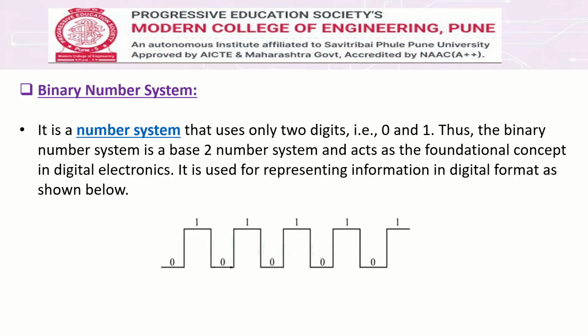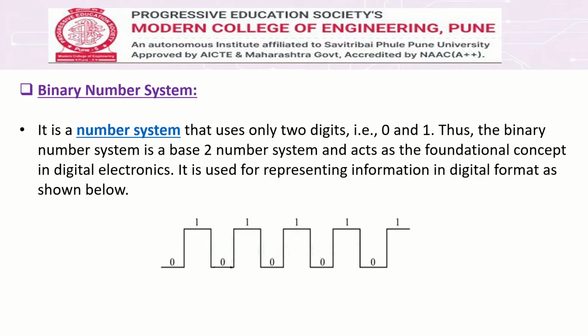The base is also called the radix. The system which uses base 2 is known as the binary number system. Only two symbols are used in this number system, that is zeros and ones.